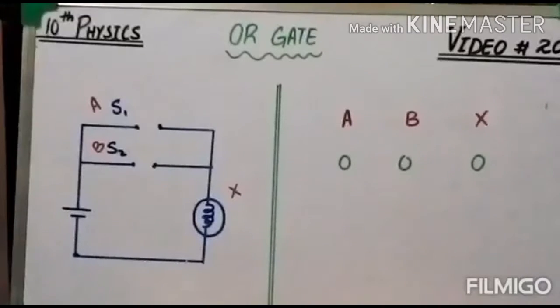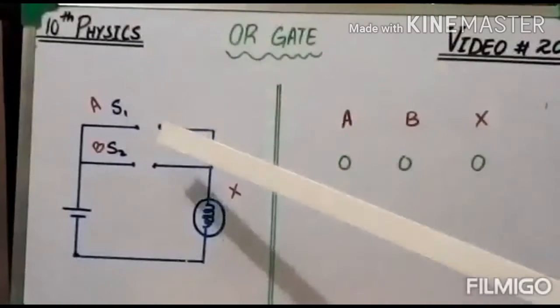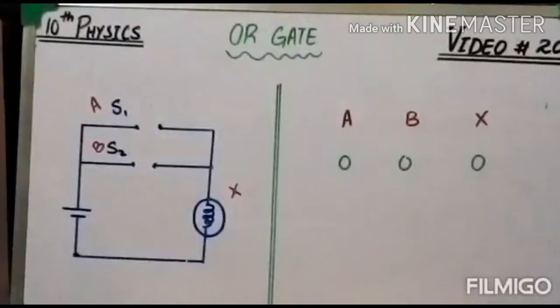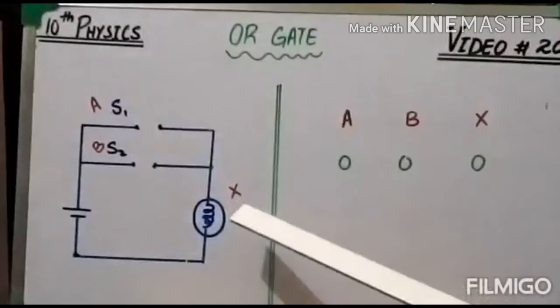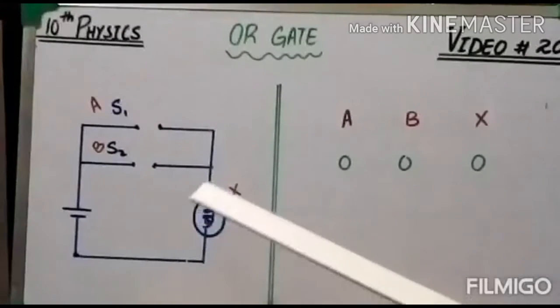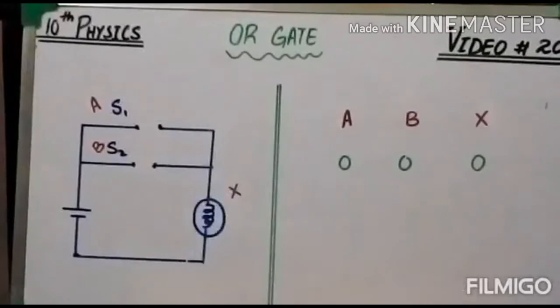This concept will be explained more to you when you will be going through the chapter number 13 and 14 of your book later. Here switch S1 is the input A and switch S2 is the input B, and the lamp, when its glow will be the output X. When it will glow, the output will be 1. When it will not glow, the output will be 0.